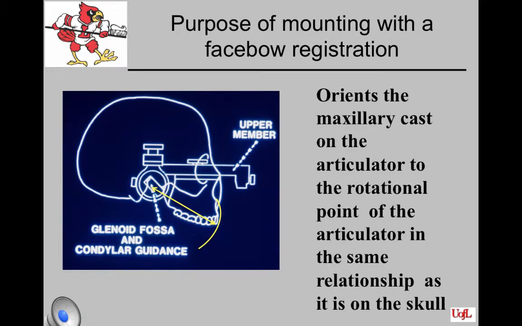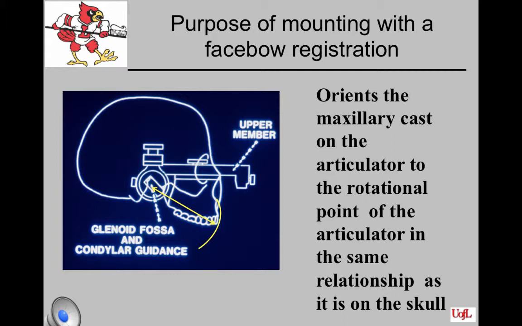The Facebow registration orients the maxillary cast on the articulator to duplicate the rotational point on the articulator to the same relationship as that you had on the skull. The external auditory meatus is used to insert the Facebow, and it is approximately 11 millimeters posterior to the condyle point of rotation on the human.